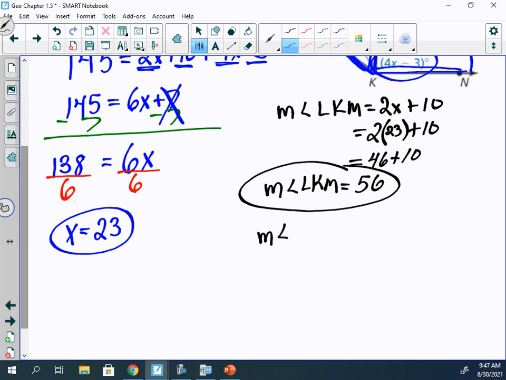Now, the measure of angle M we also have to find. Well, we can do the exact same thing we just did and plug it in and say 4x minus 3. Well, we found out x is 23. And 4 times 23 is 92.